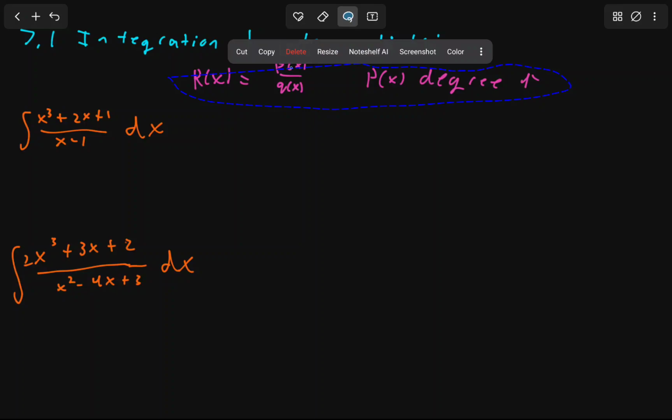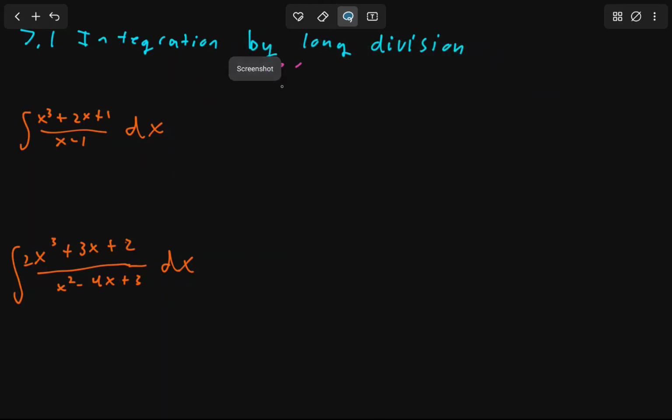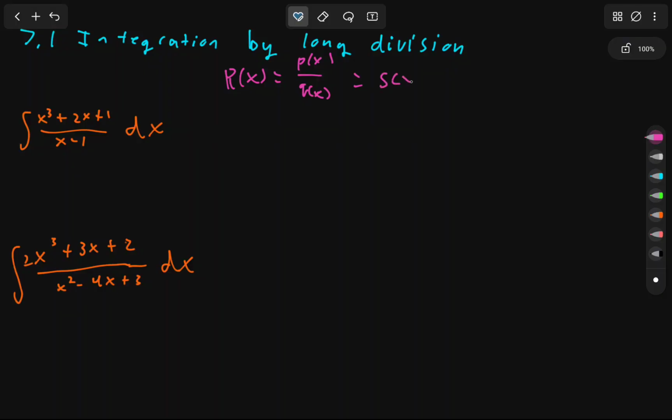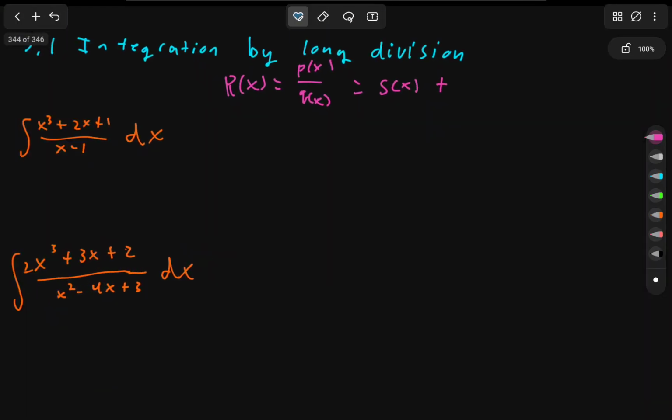So what long division really is, is we're going to be turning this rational function r of x, which is in the form of p of x divided by q of x, into a polynomial, which we'll call s of x, plus, hopefully it's just a constant, but sometimes it doesn't work out to be just a constant, and that's okay.